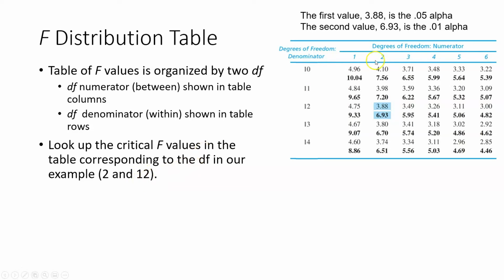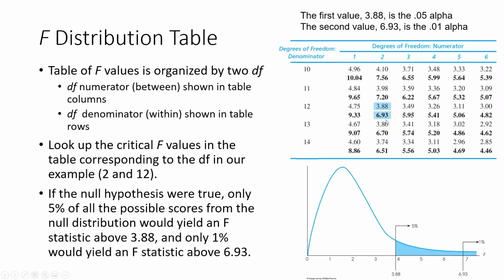We come to our table and figure out 2 and 12, where they intersect are these two values here. The value in normal face is the value if your critical alpha is 0.05, and the bold face value is the one that you would use if you had an alpha of 0.01. So we could use either 3.88 or 6.93, depending on how stringent of an alpha value we wanted to use.